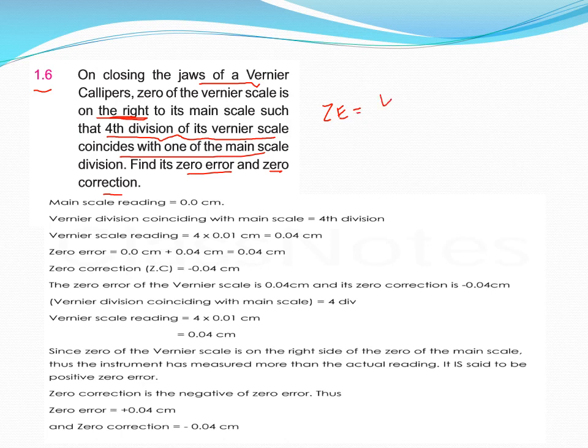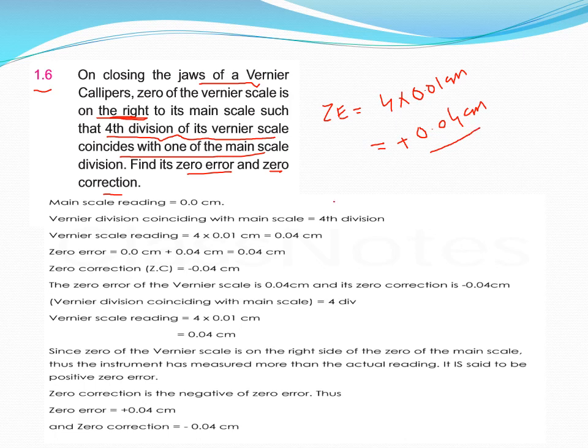We multiply the coinciding division with the least count of the vernier, that is 0.01 centimeter, so it is 0.04 centimeter. So it's a positive zero error, and as you know, for making the correct measurement you have to subtract this value from the final reading.